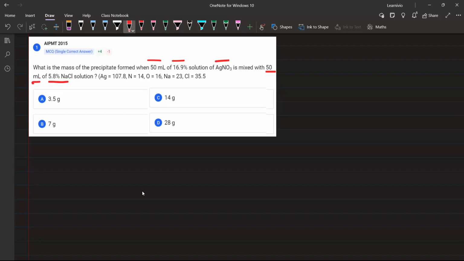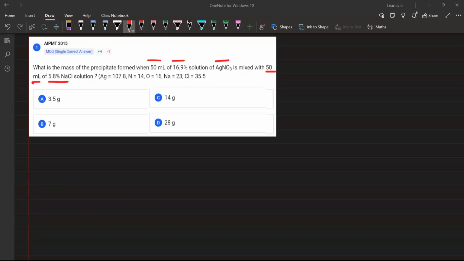So this is 50 ml, 16.9%. This is by mass. If they are not given anything, then it means that they are giving the values in mass percentage. So 16.9% of AgNO3 solution will have 16.9 grams of AgNO3 in 100 grams of solution.